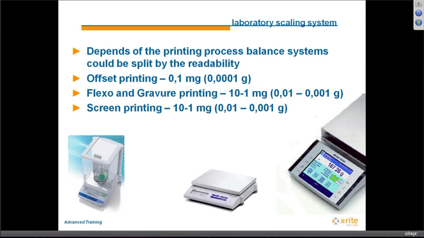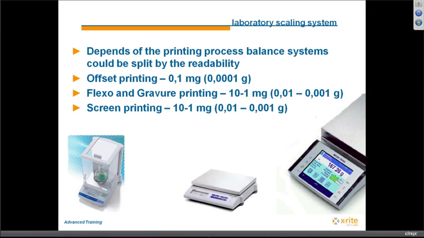the precision could be less, which is good because then the price for the scaling system will be less. But nevertheless, we have to keep in mind, the less precise the scale is, the less precise the recipe we will get. So it's always a gamble, it's always a balance, and we have to keep this balance stable.